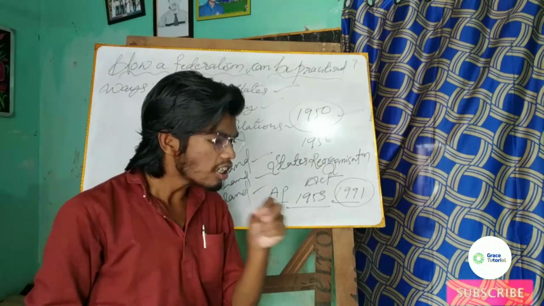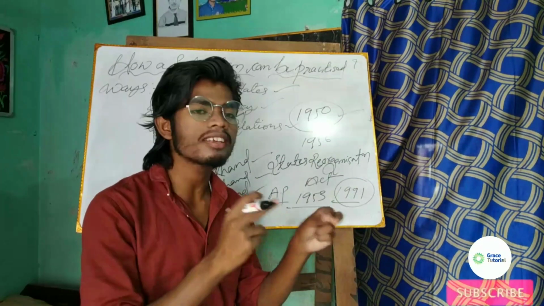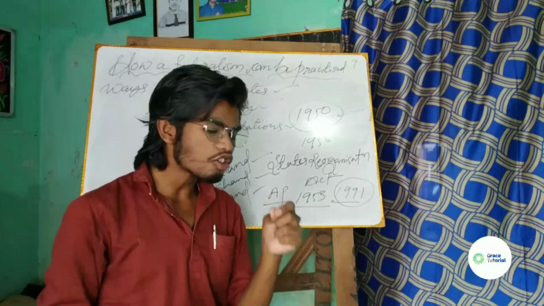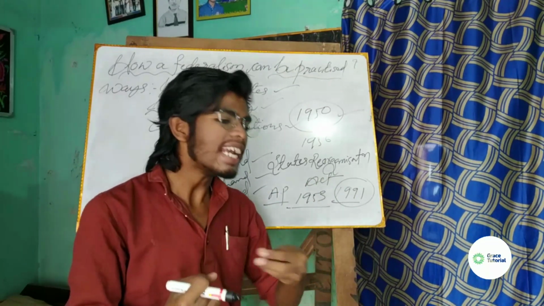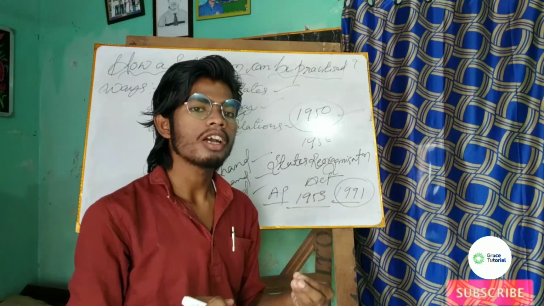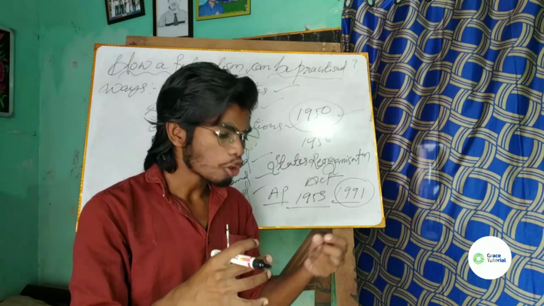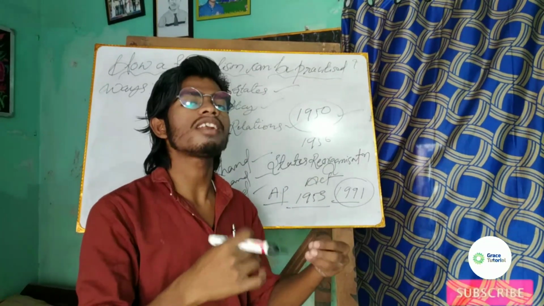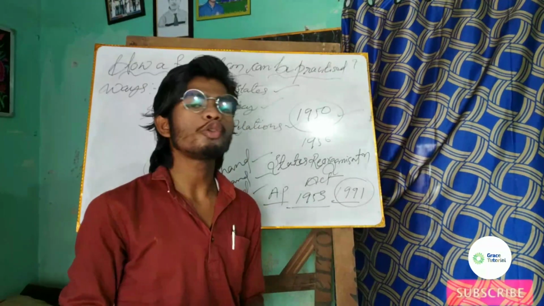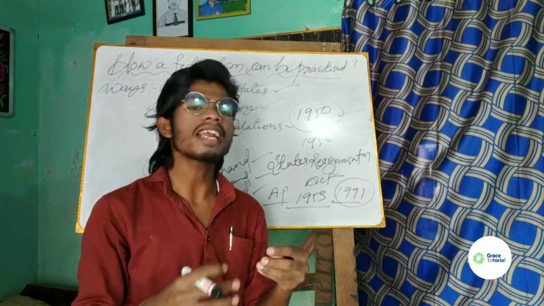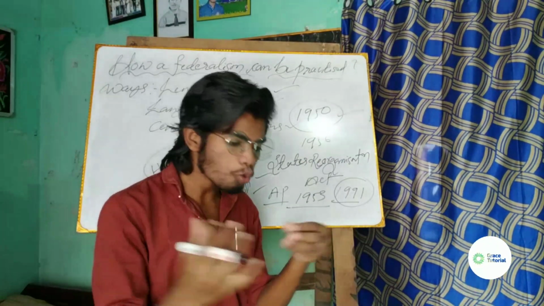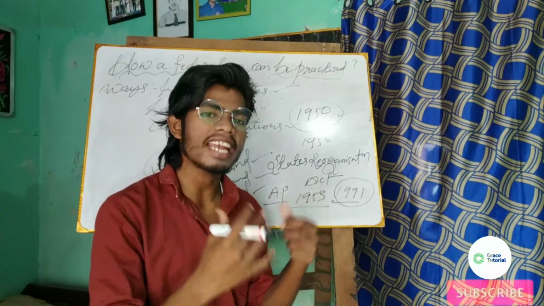But there is no division of the judicial power between the center and the states, because the Constitution has established an integrated judicial system to enforce both the central law as well as the state law.